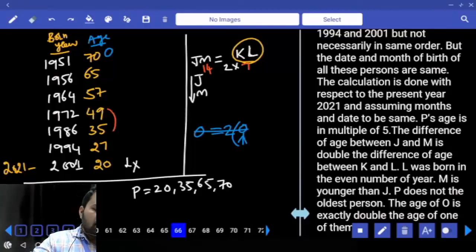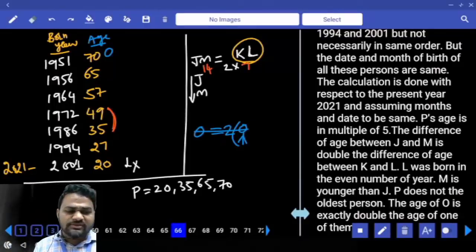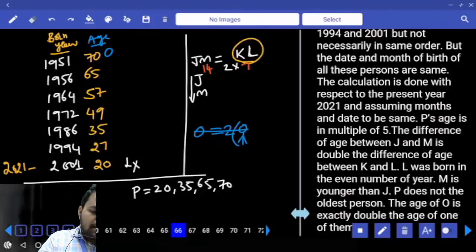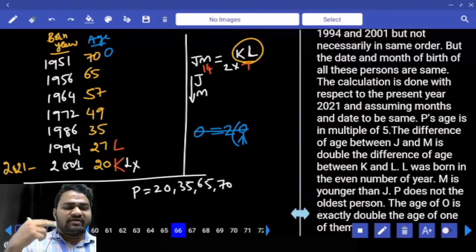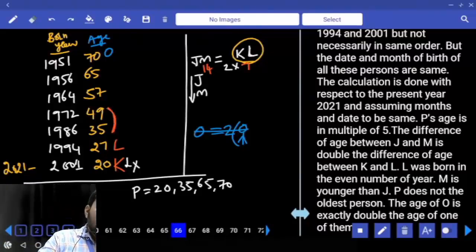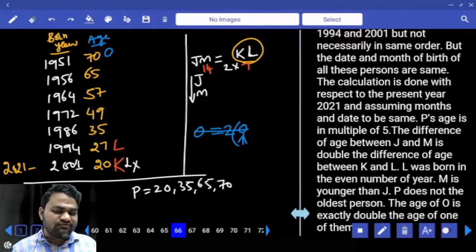Here we have 49 and 35 with a difference of 14. We have one of the possibilities as KL, but we know that L is not possible here. When L is not possible here, the difference between K and L is 7, double of that is 14, and 49 and 35 differ by 14. We don't have any other possibilities to get a difference of 14.